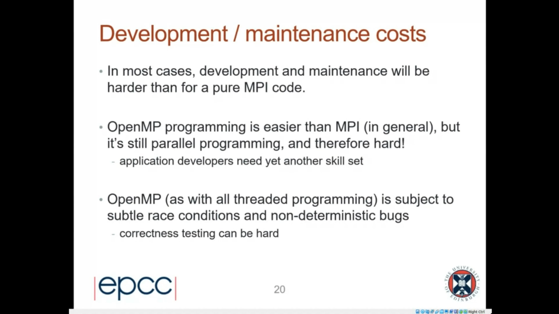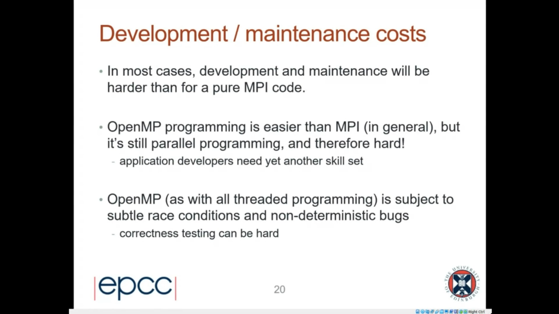The only time you get them is when you issue a non-blocking communication on an array and then read or write that array before you complete the communication. So you have a race condition: you don't know if the communication completed before or after you altered the data. However, that's quite rare in MPI, and it doesn't happen a lot in practice.